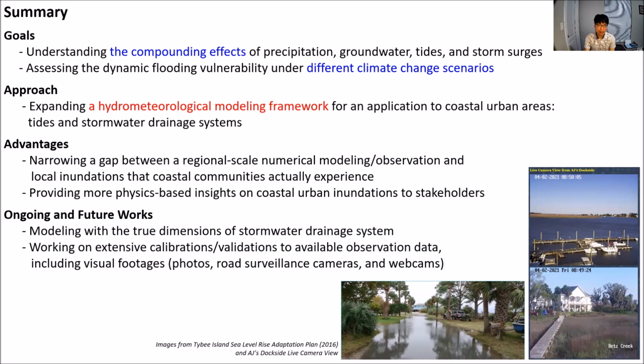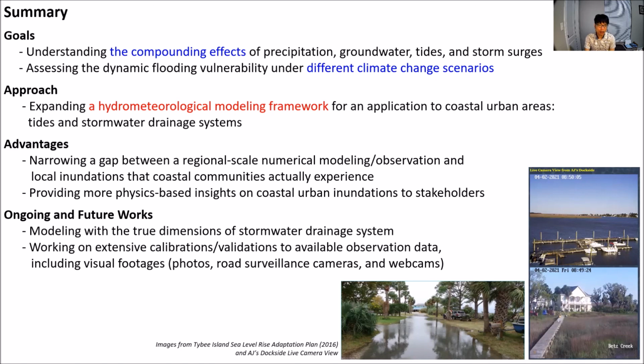Our model has advantages in terms of narrowing a gap between existing regional scale computations or observations and local inundations that coastal communities can actually experience.